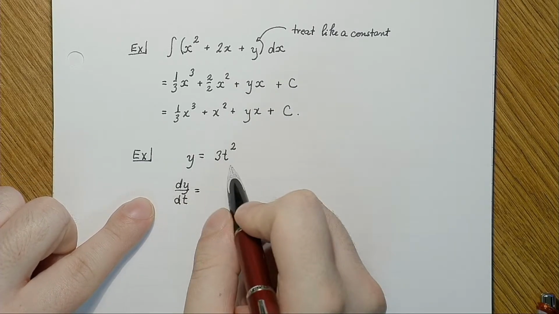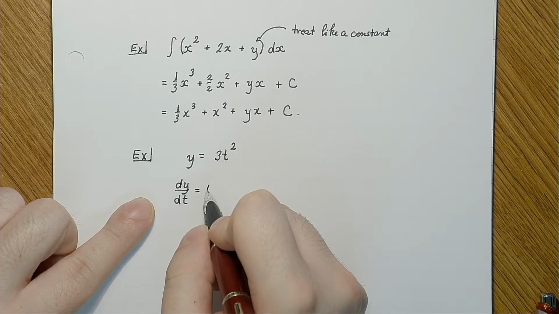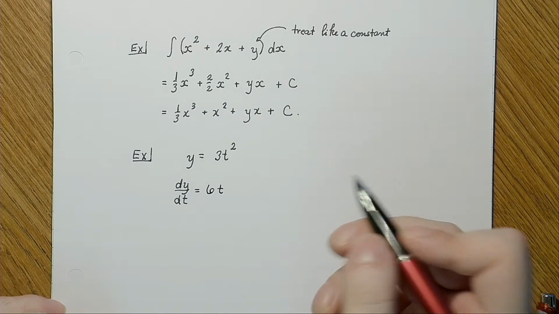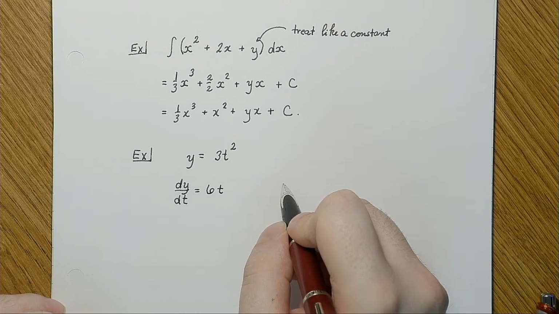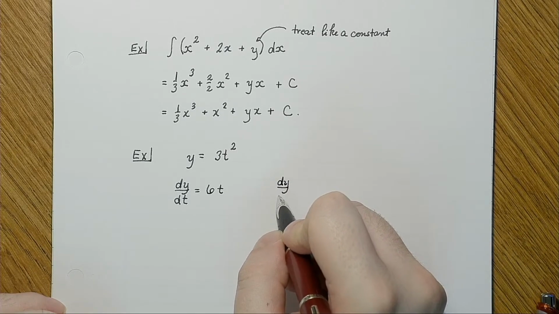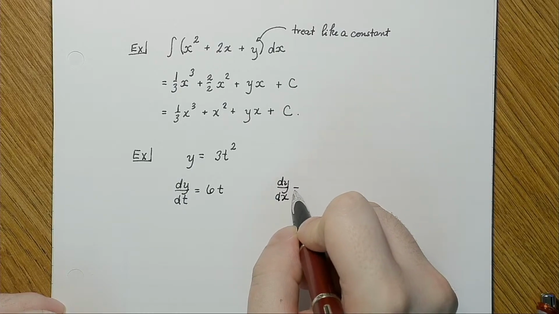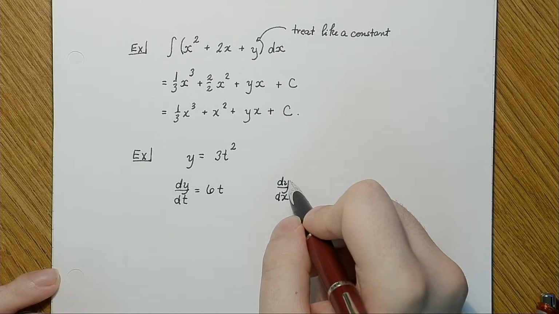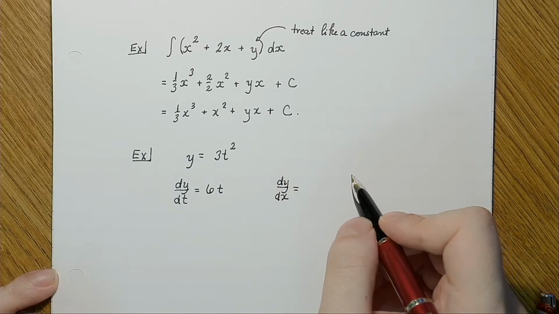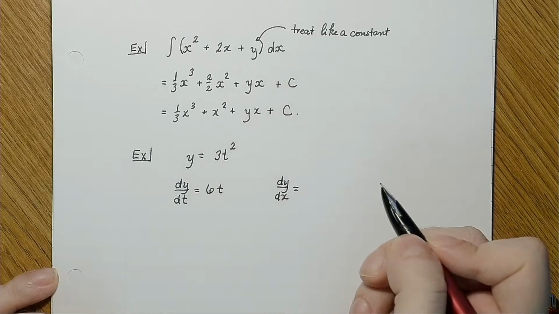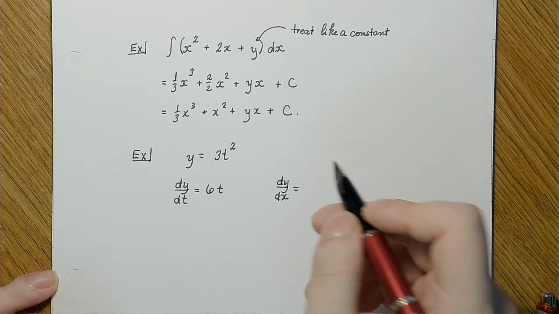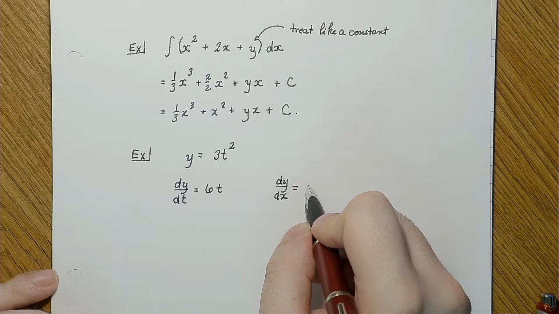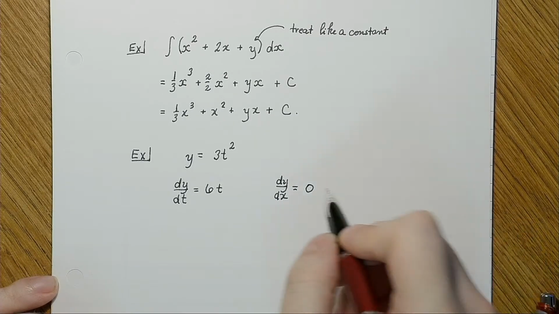We can take that derivative. 3 times 2 is 6t. But if you did something weird, like you did dy by dx, or for instance, you put it in the computer, y equals 3t squared, and you asked what the derivative is with respect to x, there's no variable x in here. Because there's no variable x to differentiate with, that derivative is equal to 0.